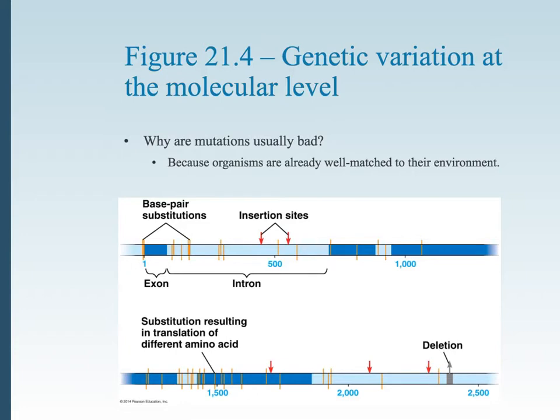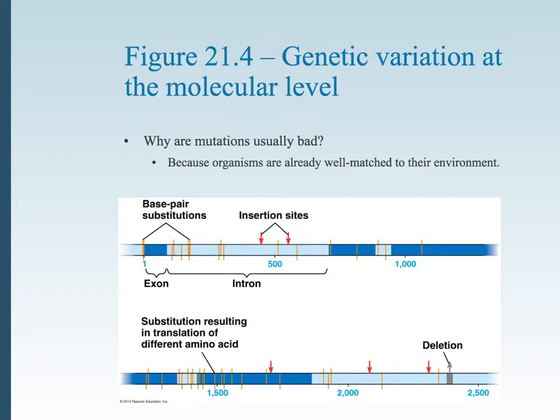So this is just the diagram, it's not a particularly insightful diagram, aside from to remind you that mutations that happen in introns aren't real important because those aren't expressed, or at least as far as we know, they're not real important. And then, we can have substitutions, and because of wobble in that genetic code, we can have substitutions that don't result in a different amino acid, and of course, that kind of variation would not be phenotypic, or wouldn't be expressed.